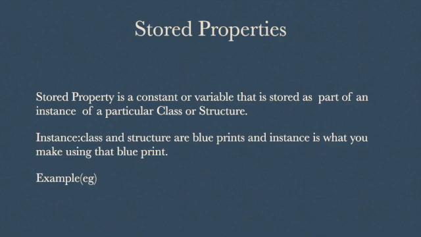If you use that recipe and create a cake, that means you have created a cake from the recipe that you had. So basically, classes and structures can be either a recipe or a blueprint that you need to follow to create an object. So let us do an example in Xcode.